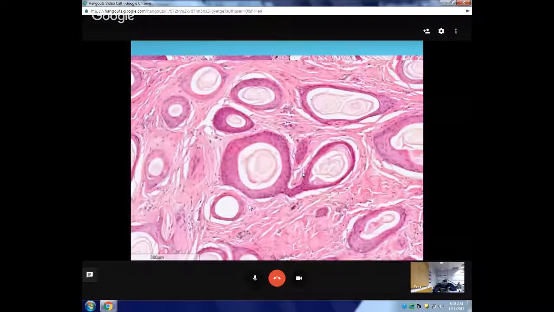And very characteristically, when you read about this entity, they will talk about these structures looking like spectacles. So if you have an imagination, you can view these as spectacles. So this is one lens and this is the other glass of the spectacle. So when you read about these, you'll see about the spectacle. So a glandular-like structure with the lining that is very similar to the epidermis.